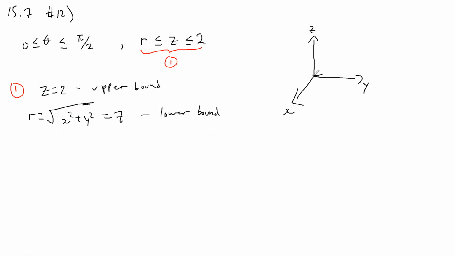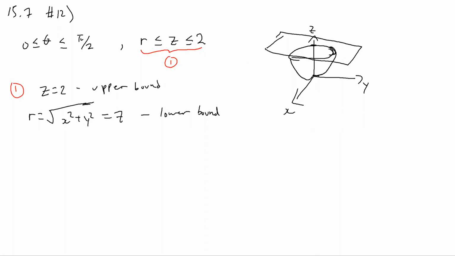See if you can draw this. I'm just going to do something like a cone, which intersects the plane at z equal to 2. Just imagine there's a plane across at z equal to 2. That's inequality number 1, or where z is in between r and 2.